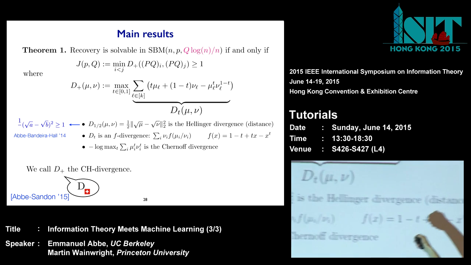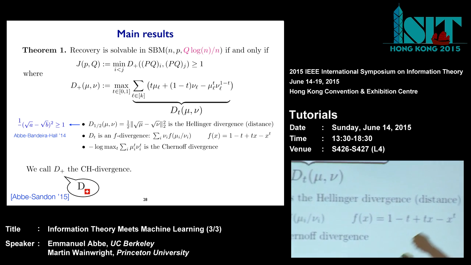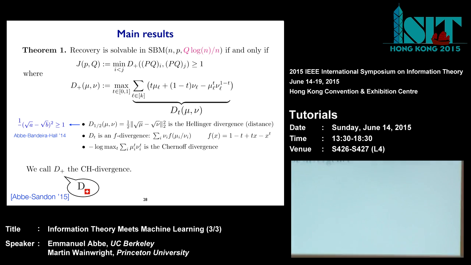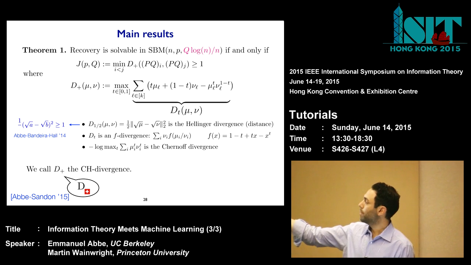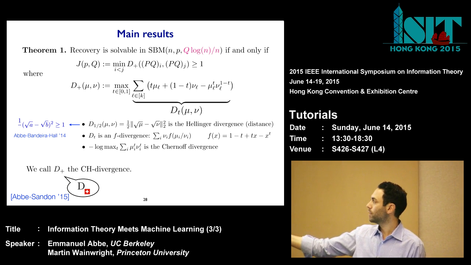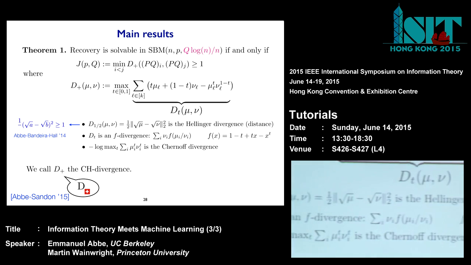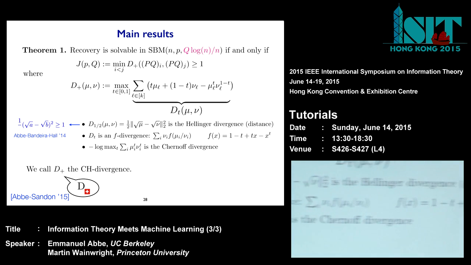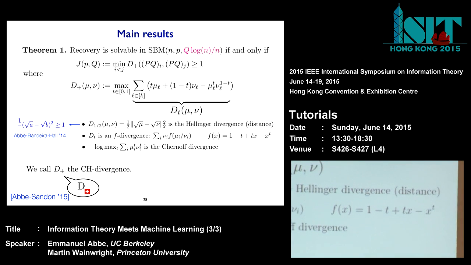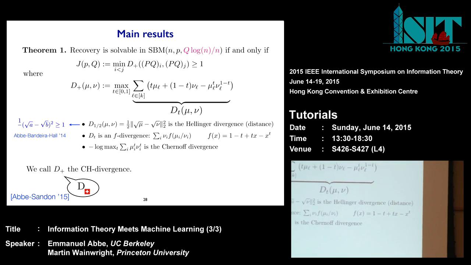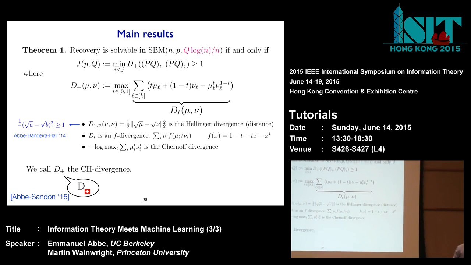If you look at maximizing over t this term, and you put a log in front, this is what's called a Chernoff divergence. In other words, this object is a bit more than Hellinger, because you maximize over t, so it's not exactly Hellinger. It's a bit more than Chernoff because you have this extra term. So we decided to call it the Chernoff-Hellinger divergence because it generalizes both.